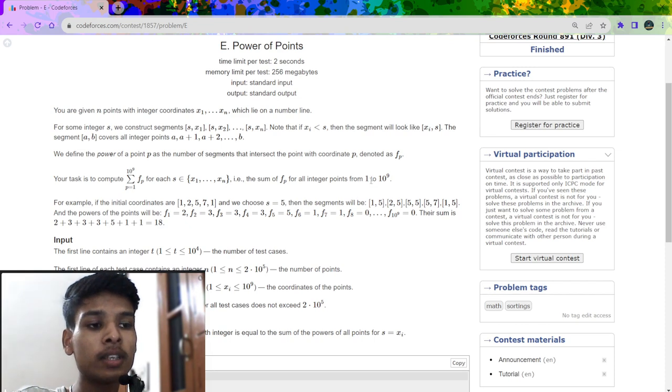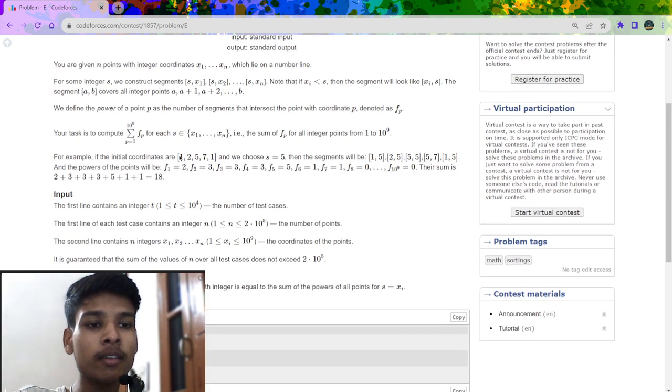And we have to tell the sum of all the occurrences from 1 to 1e9. For example, in this case I have an array like 1, 2, 5, 7, 1. Now if I choose the element 5, what can I do? I can define the ranges as 1 to 5, 2 to 5, 5 to 5, 7 to 5, and at last 1 to 5 again.